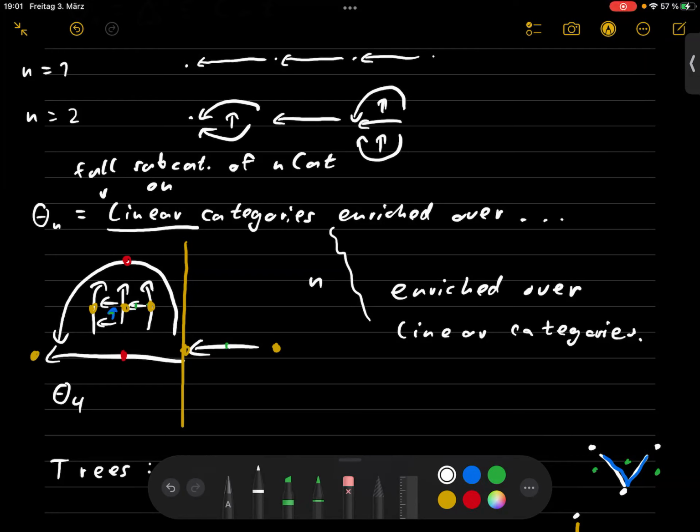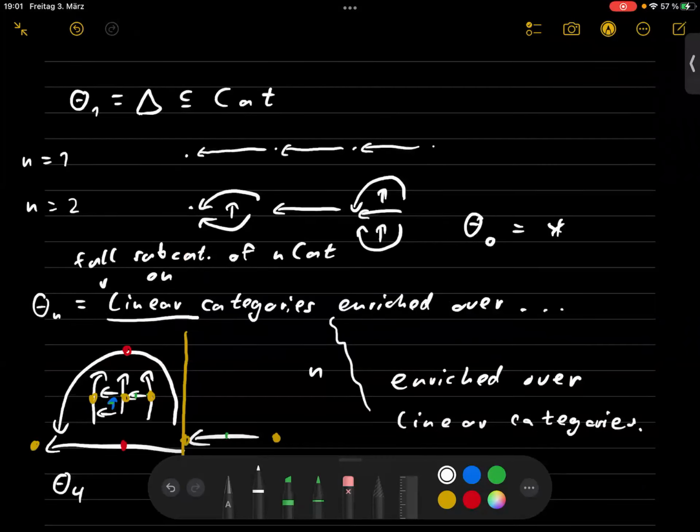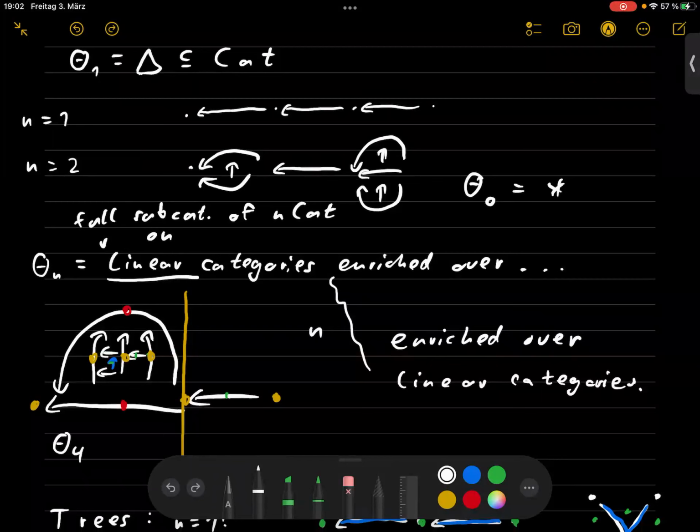Because the base case, maybe one could write it, theta 0 would be just a point. So the pictures in N are more or less by definition always in this form. Does this answer the question?